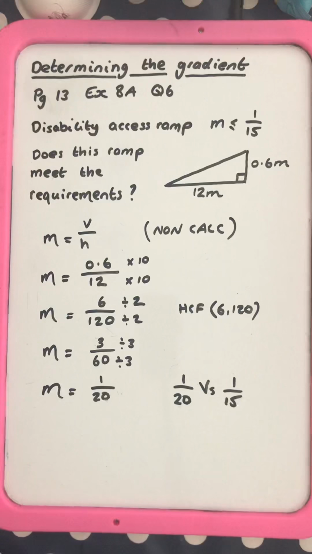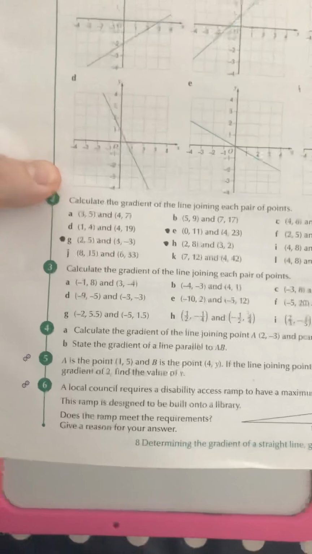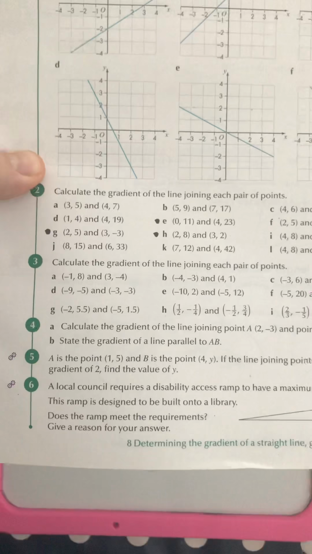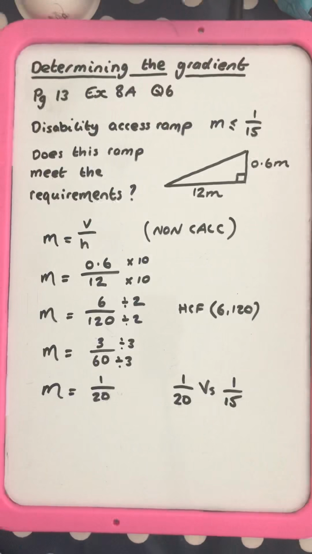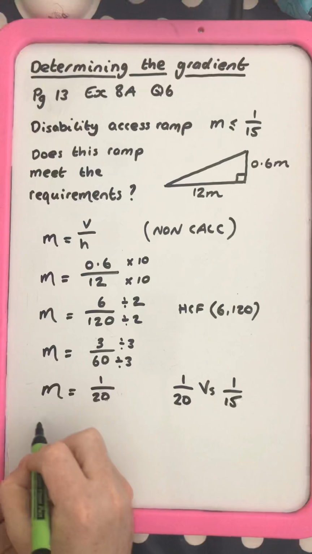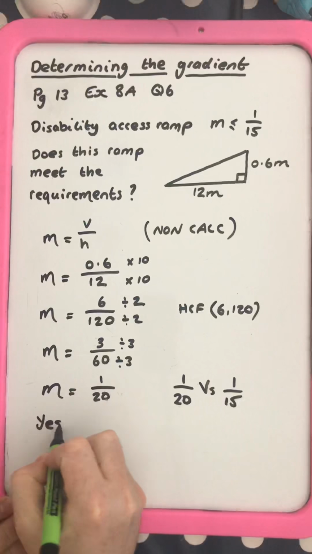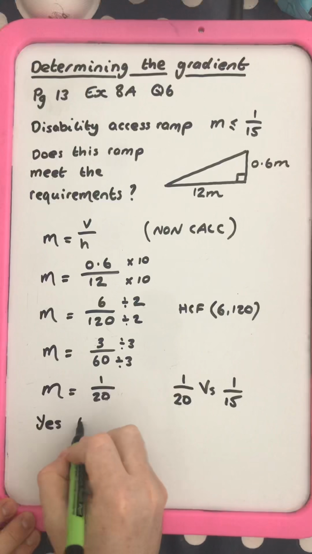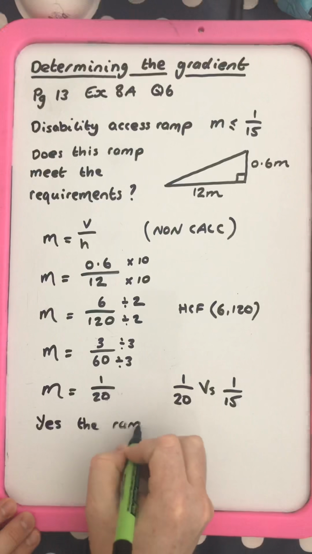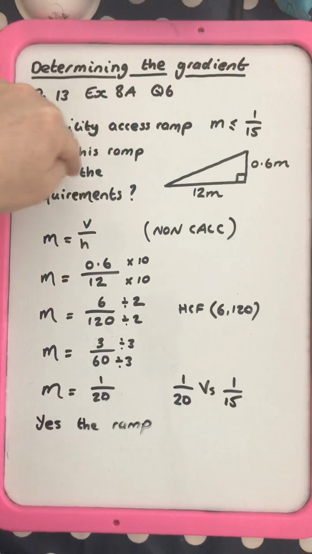Now the question was asking, does the ramp meet the requirements? Yes, give a reason for your answer. So this reasoning mark at the end is very important. It's a communication mark. So we would clarify that. Yes, the ramp, because the question is asking, does this ramp meet the requirements?